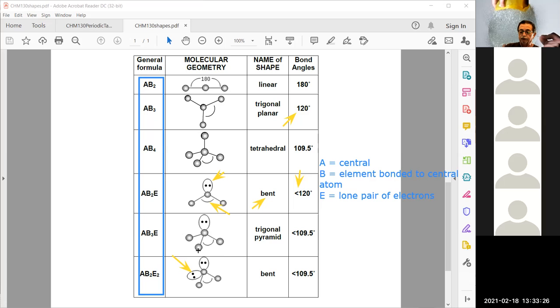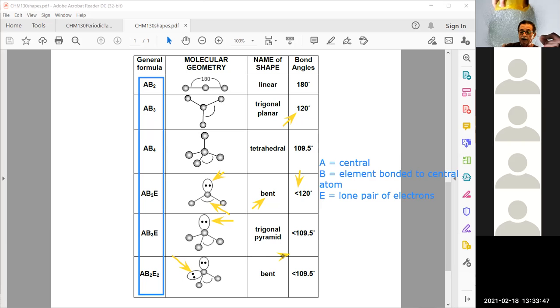Now, if we add three bonded bonds to the central atom and a lone pair, there are many examples like this. Ammonia is one example, NH3. Its shape is the trigonal pyramid.